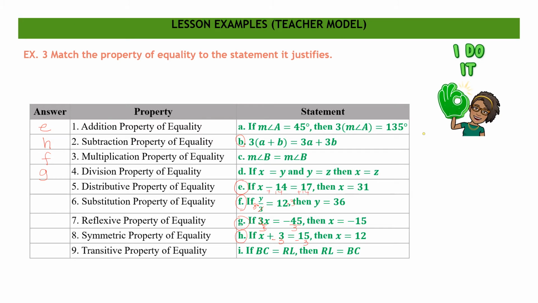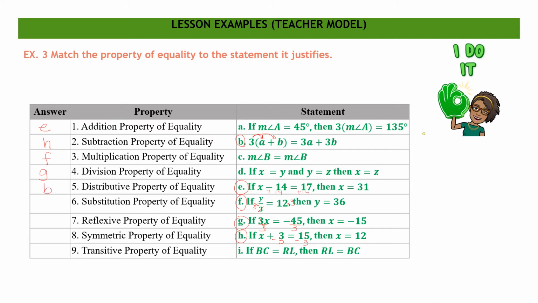I have 3 as a constant outside of my grouping symbols, and I can use the distribution property to take that 3 and multiply it to everything that's inside of the parentheses, where I get 3 times A gives me 3A, and then 3 times B gives me 3B. So that's how I get this 3A plus 3B here. So number 5, distributive property, would be for statement B.